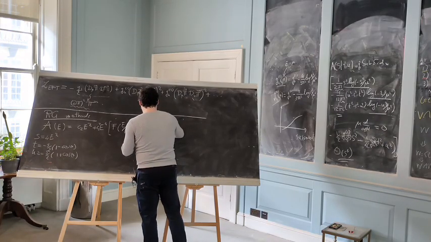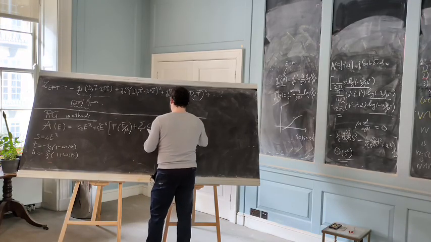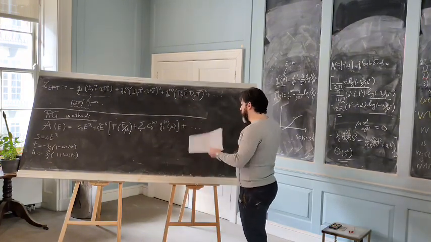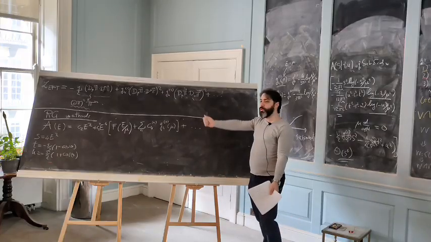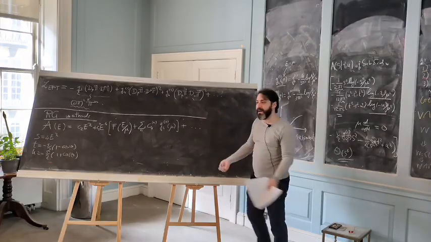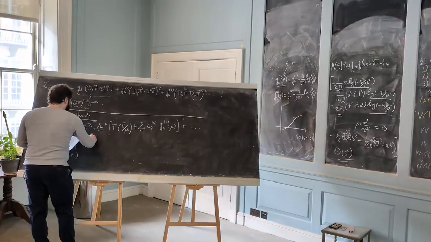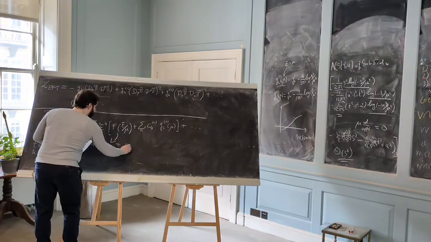So here we get G4 at the scale mu plus dot dot dot. And now what you want to require is that when you perform a computation at the scale mu and then you change scale, the answer is invariant. So if I take the derivative mu d/d mu of this expression, this has to be equal to 0.